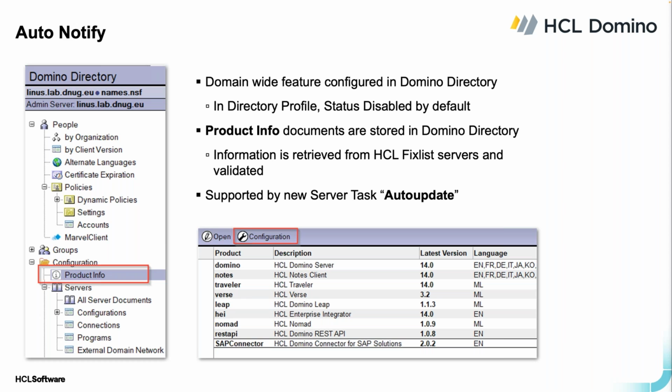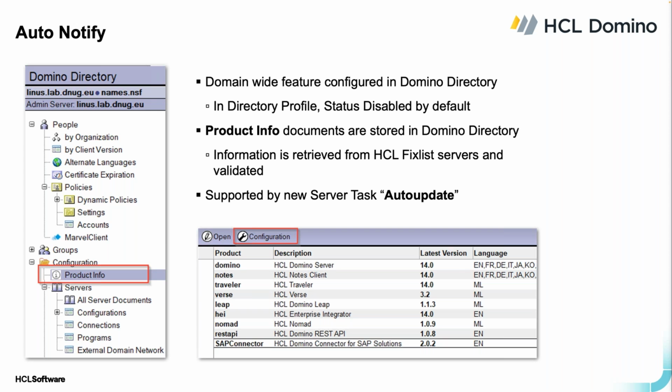And you can see the descriptions and latest versions and languages available for those products. I need to say that Auto Notify is a feature that's configured domain-wide. It's configured in the Domino directory profile document, and it is disabled by default.